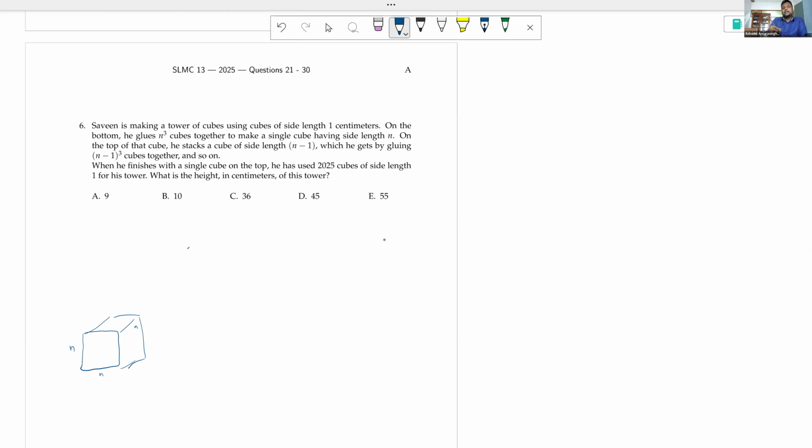Okay, so altogether n squared. And here n minus 1, n minus 2, all the way up to 1 cube. And he has used 2025 cubes.